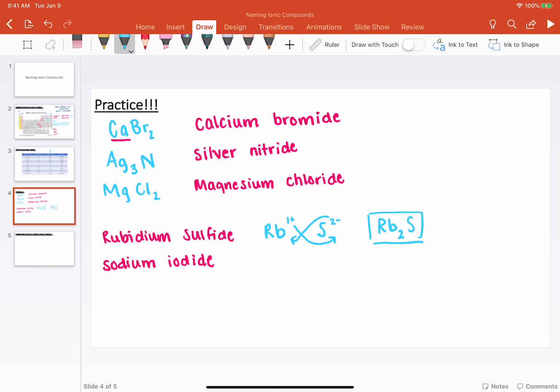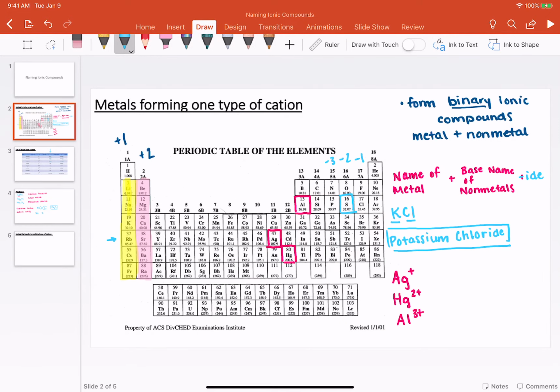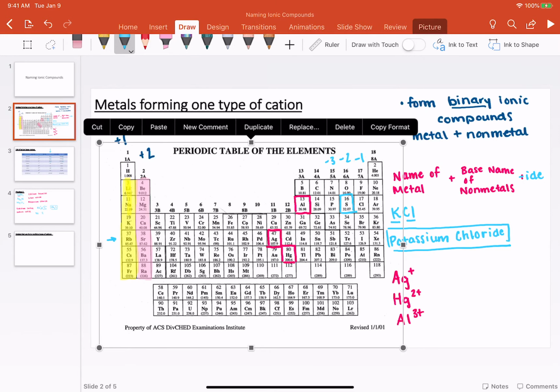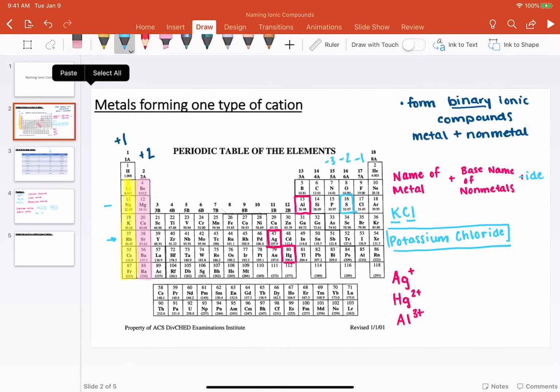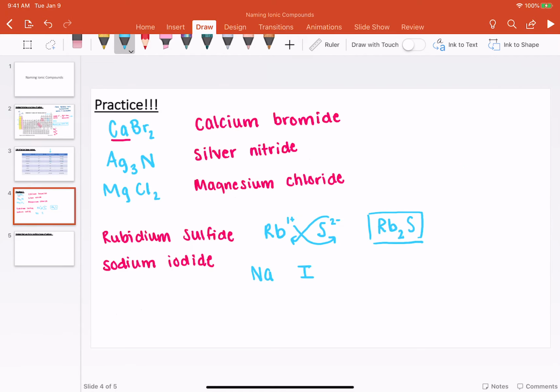Next we have sodium iodide, which is Na and I. So we'll go back to our periodic table. See that Na is also in group 1, and iodine is in group 7, so we have a +1 and a -1.